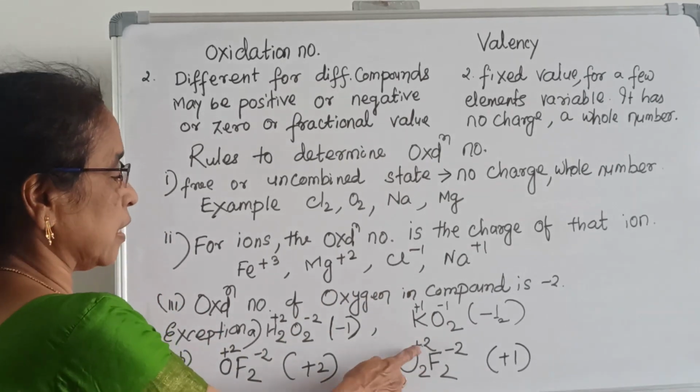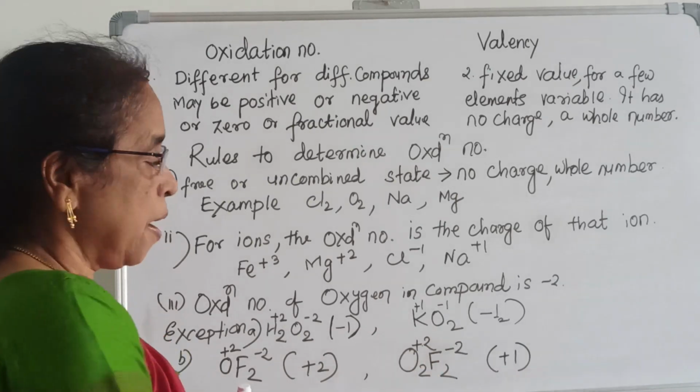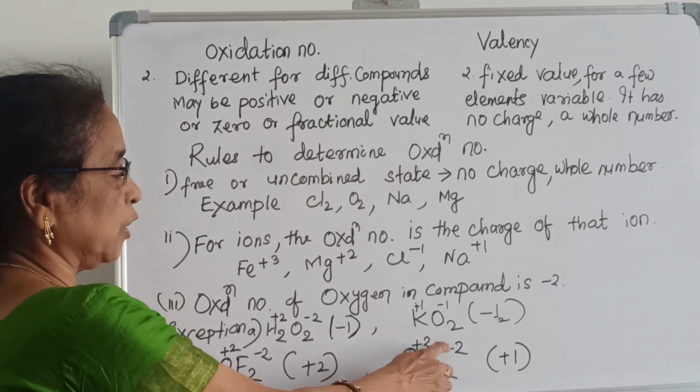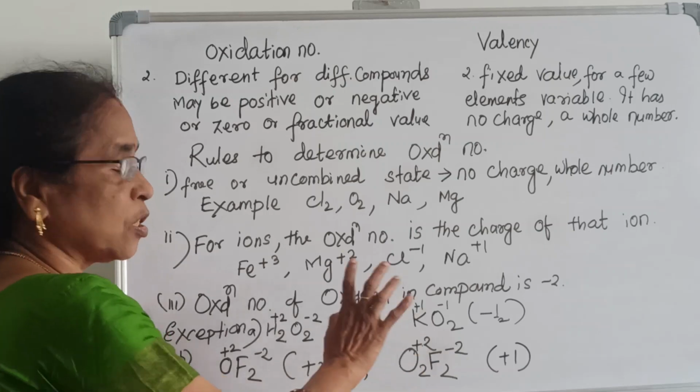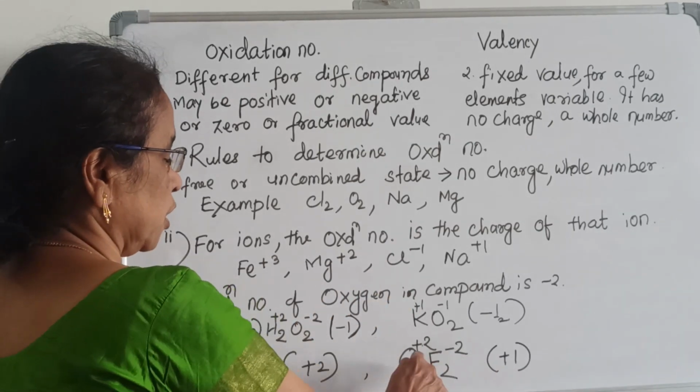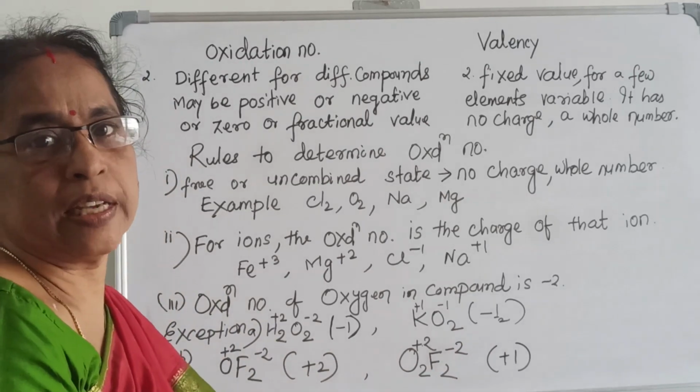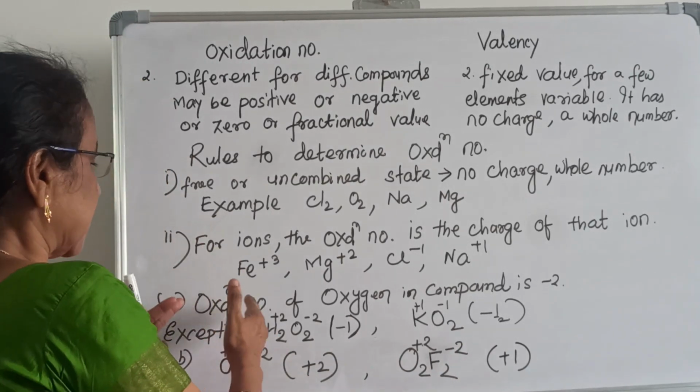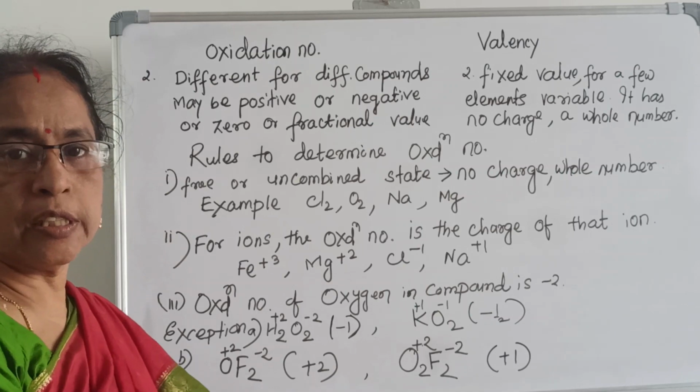Here fluorine is -1 into 2, -2, that is why oxygen should be +1. So again, there are exception cases for oxygen.